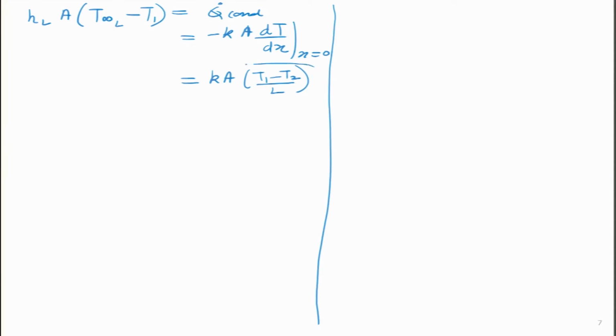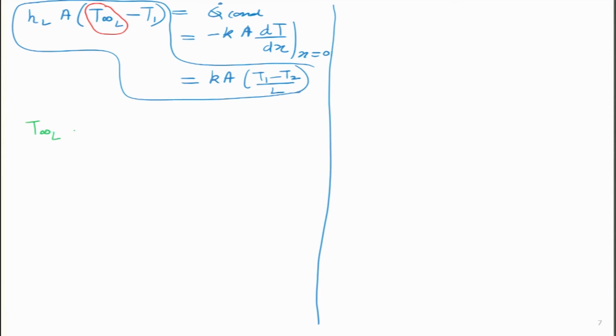So, this is the equation that we are going to solve, and the unknown over here, we are trying to figure out in reverse direction, is the value of the air temperature which will give me the desired T1 temperature. So, for this, if I am solving for T infinity L, I can do some substitutions.